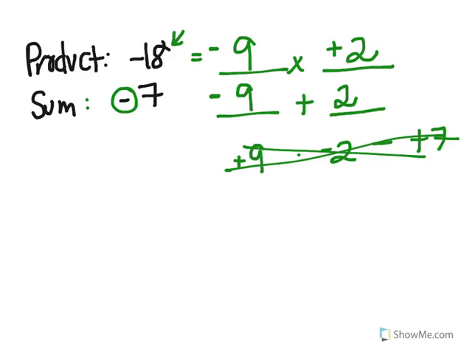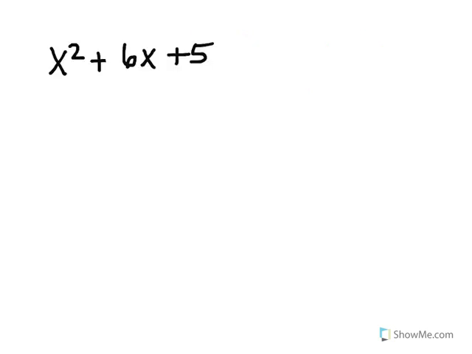Okay, now we're going to use this concept to do some factoring, and you'll see how it works. So here's our first trinomial. This is a quadratic equation. And remember, our quadratics are in the format ax squared plus bx plus c. Our first step in factoring this is to figure out the values of a, b, and c.